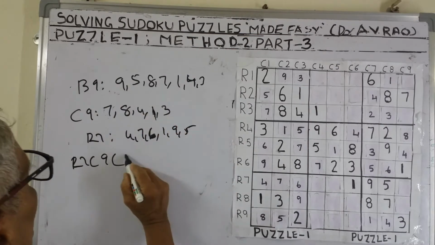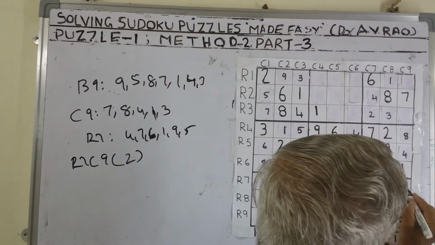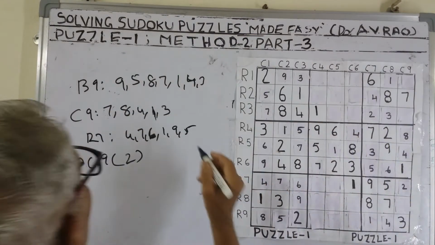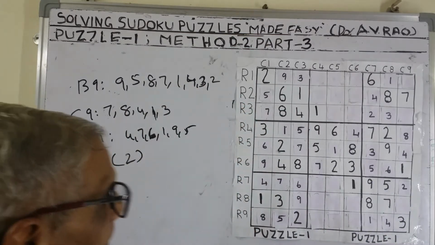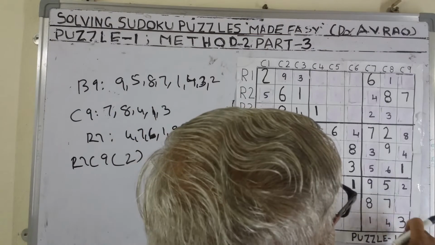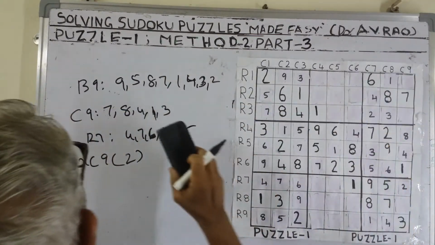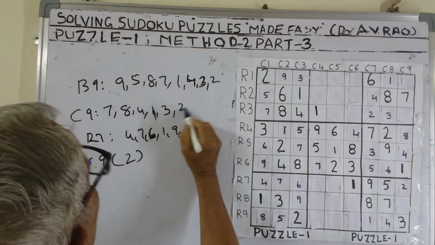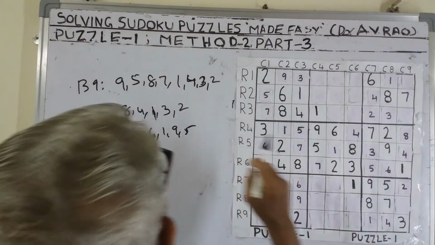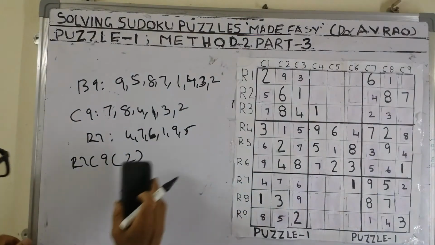Okay, we have to fill up R7 C9 with 2. Now in the box another number has been added, 2. Now we have only one cell left, and column C9 we have to take. In column C9 also one number has been added, 2: 7, 8, 4, 1, 2, 3.